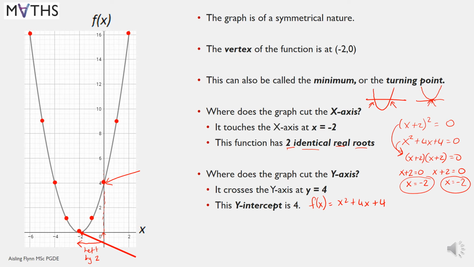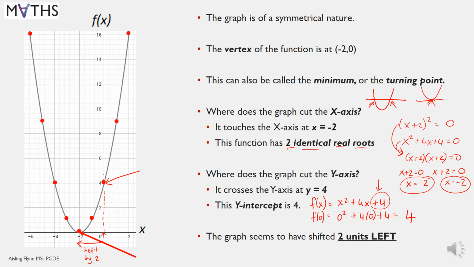So you're going to calculate f of 0, and you get 0 squared plus 4 times 0 plus 4 equals, well, 0 plus 0 plus 4 is 4. There's your y-intercept. So in future we'll keep an eye out for that, and it is the constant part here at the end, the part with no x involved, that will give you your y-intercept.